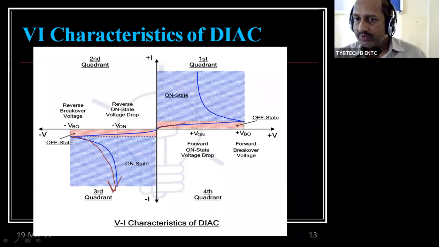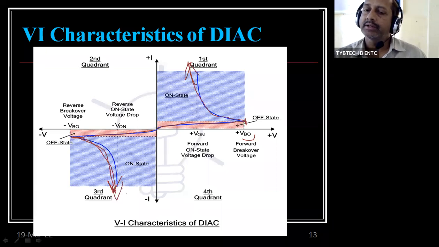Up to here it is leakage current, and when it crosses the VBO, the current gets high. In the same way in the negative direction, up to here it is leakage current, and after that there is a quick increase in current in the opposite direction.